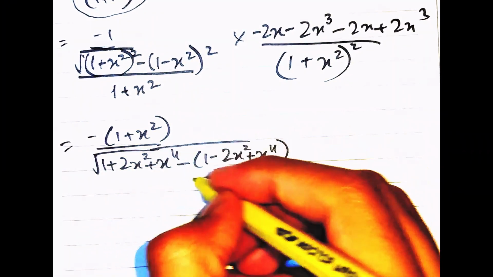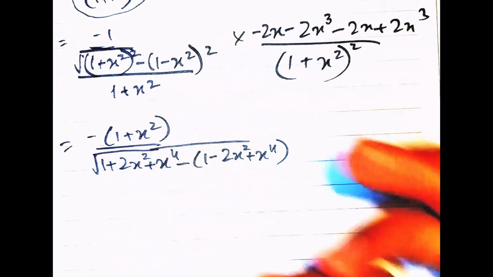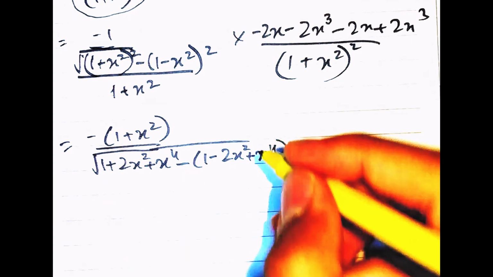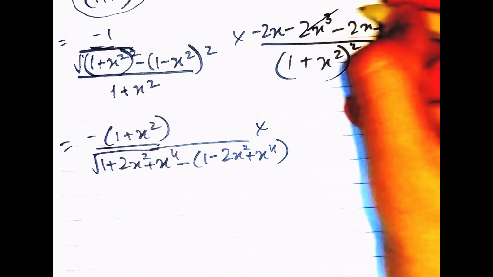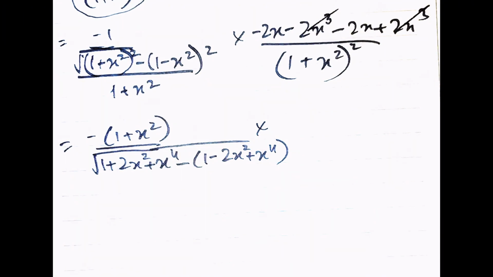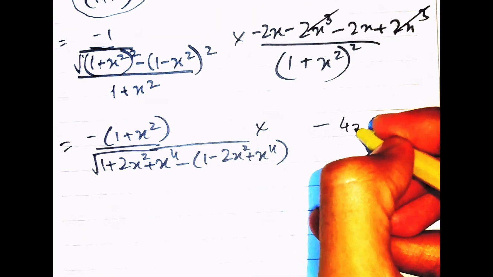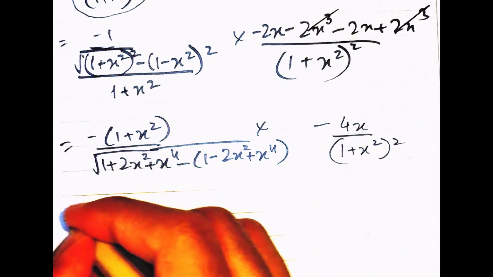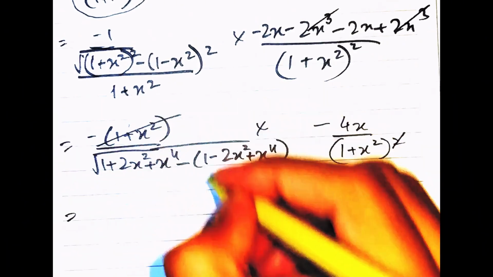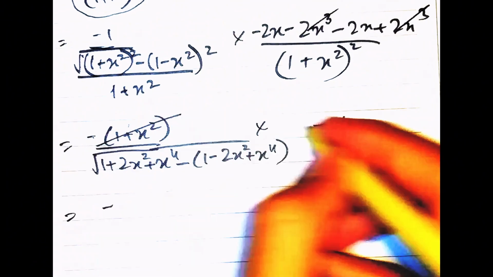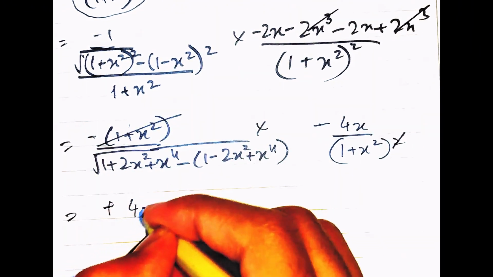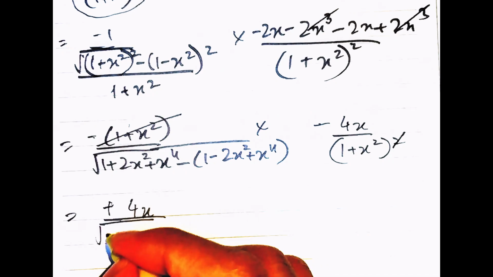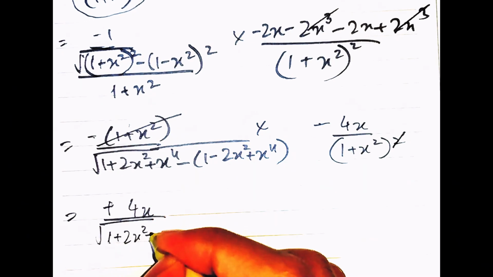I'm going to separate it with a bracket because we are having a negative sign, so it may mess up with those terms present inside the bracket and may cause trouble for us, okay, multiplied by, this would be cancelled, 2x cubed and 2x cubed are cancelled, we are left with negative 4x divided by (1 plus x squared) whole squared. So this would be cancelled by 1 power right over here. So we have negative becomes positive 4x divided by, over here we can see that we have square root of 1 plus 2x squared plus x to the 4.